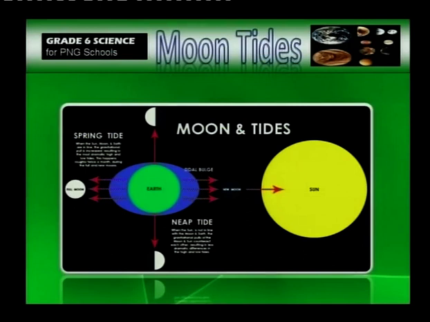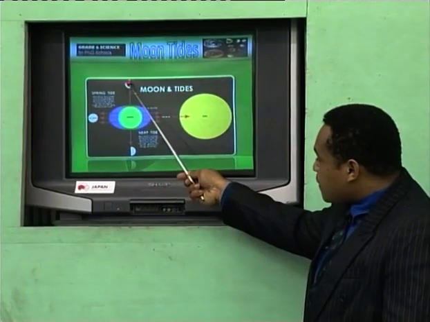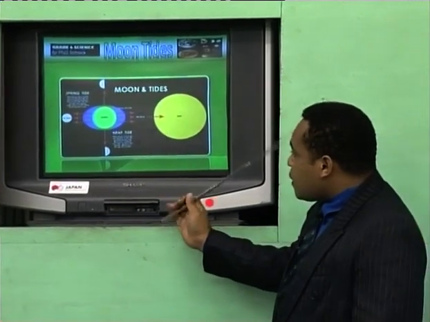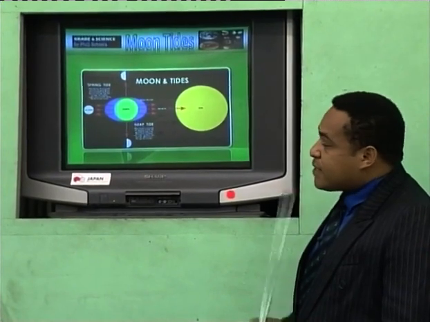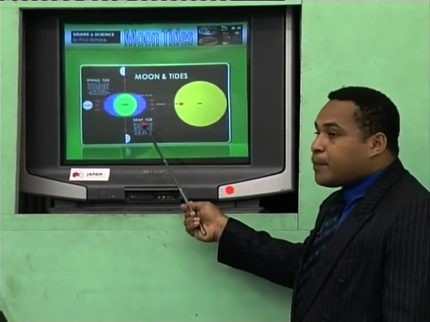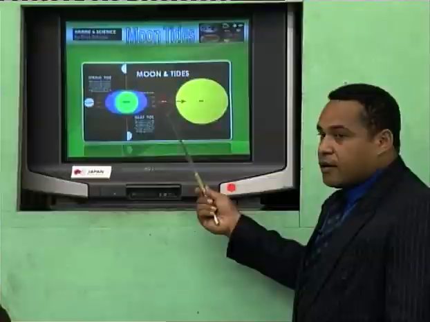Okay? So here we have, they are not in line. So another word for low tide is neap tide. Okay, neap tide.